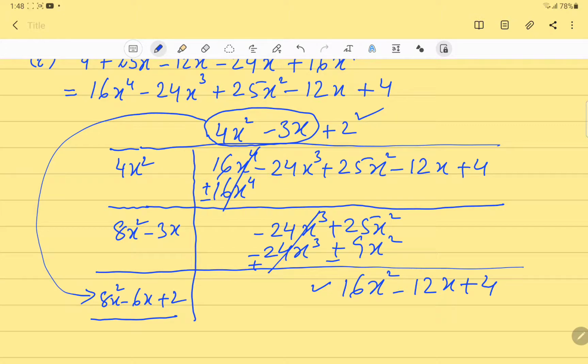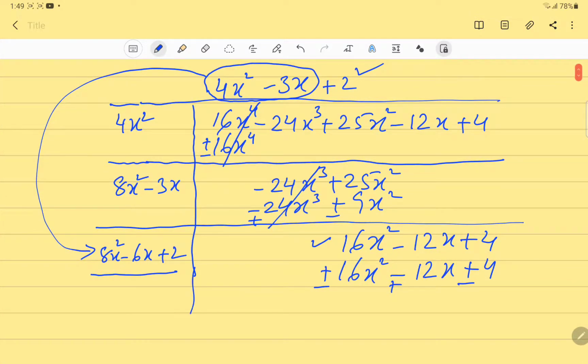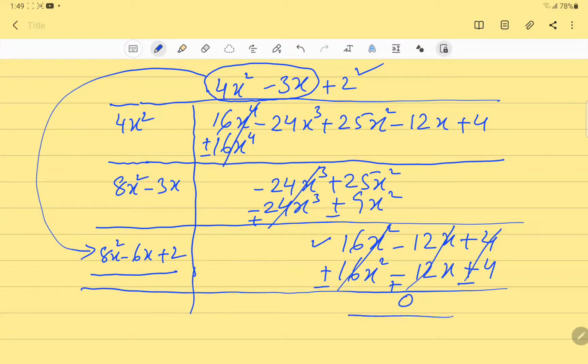So 2 multiplied by 8x squared is 16x squared. 2 multiplied by minus 6x is minus 12x, and 2 into 2 is 4. So when we subtract, all signs will reverse and they all will cancel, and we are left with 0, which means our square root is 4x squared minus 3x plus 2, of course with plus minus.